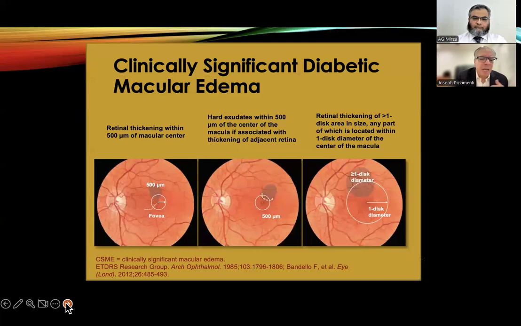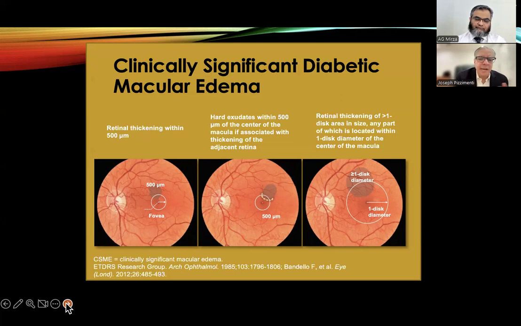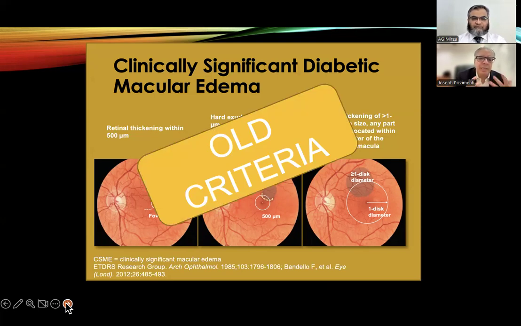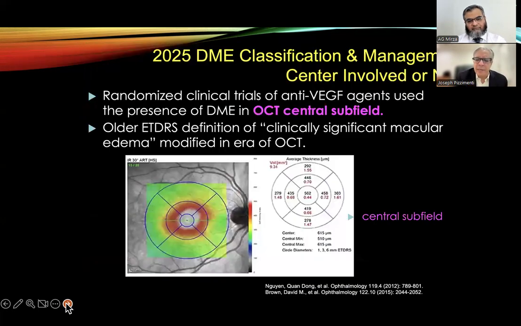And, you know, we all learned this system in school, and we still teach this for those few practitioners out there that do not have access to OCT, the definition of clinically significant diabetic macular edema, but it is an older criteria. And now in the era of OCT, what we are concerned with, number one, is there any edema within this macula?